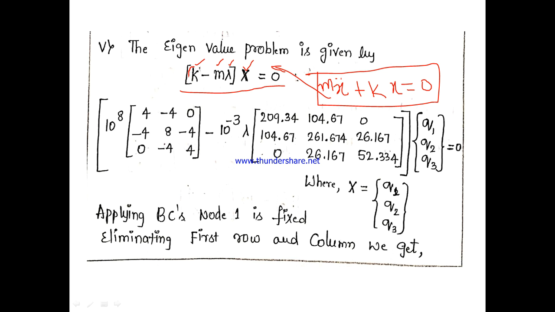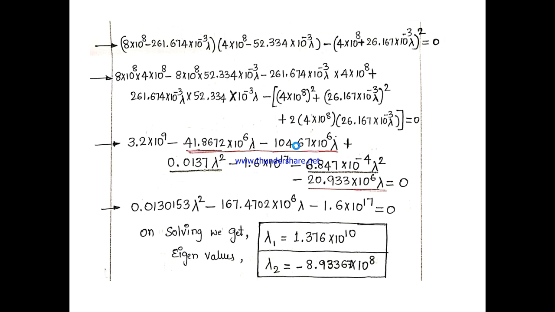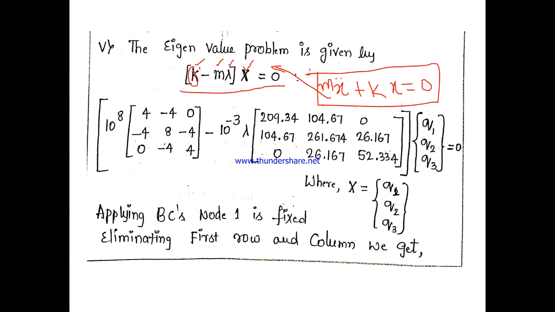We know the global stiffness matrix K, 10 raised to 8, 4, minus 4, 0, minus 4, 8, minus 4, 0, minus 4, 4, minus 10 raised to 3 lambda, and the global mass matrix we derived here. x is the global displacement vector Q1, Q2, Q3.